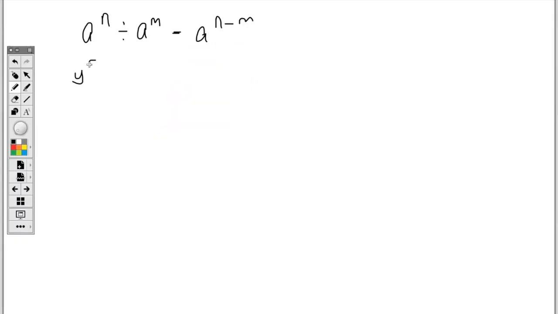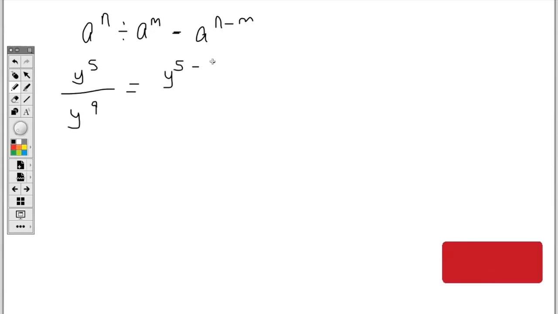If I have y raised to the power 5 all over y raised to the power 9, this is division. So we write the base once and we write the first power first, which is 5, then minus the second power, which is 9. So 5 take away 9, that gives me a minus 4.